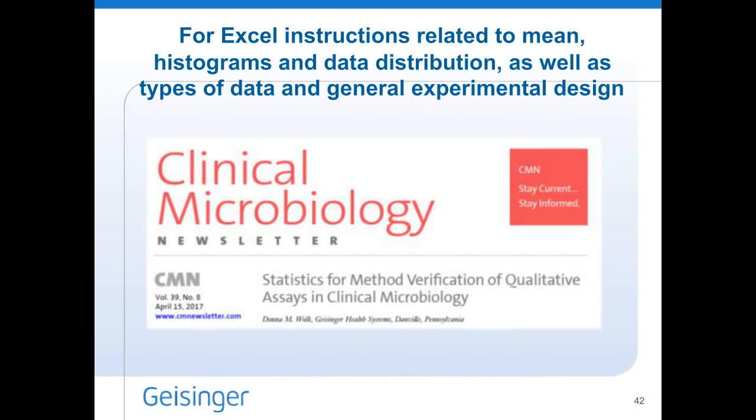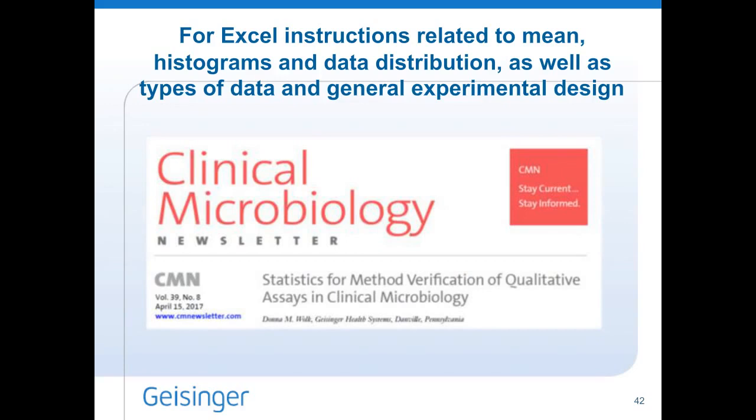I'll mention really quickly that some of the statistics here may be unfamiliar to you. Don't get intimidated. This publication right here, Statistics for Method Verification, is a good reference to get started with, or buy yourself a biostatistics book.